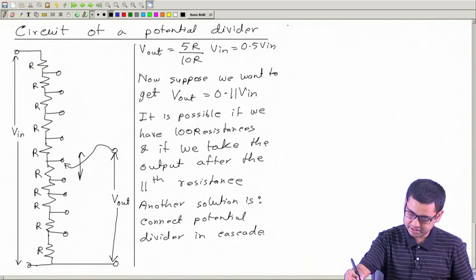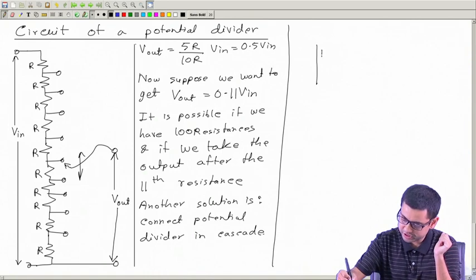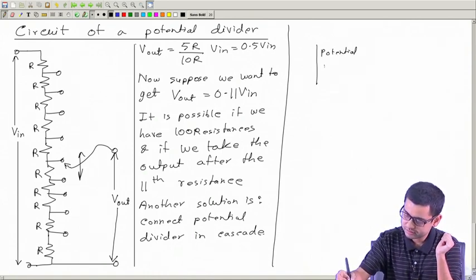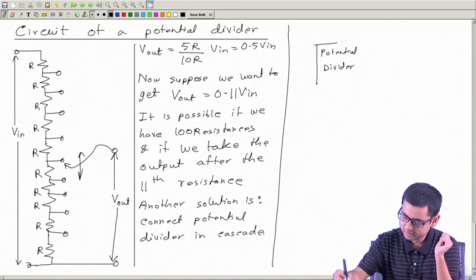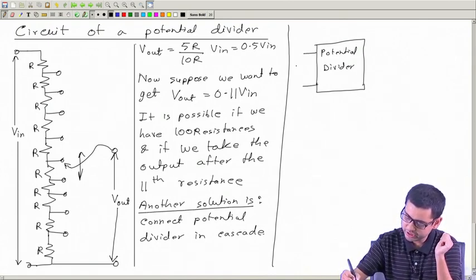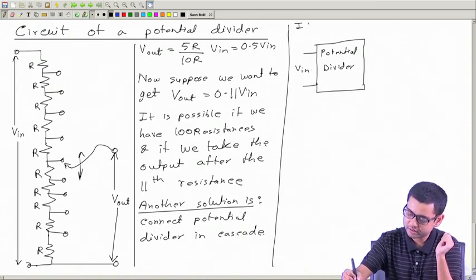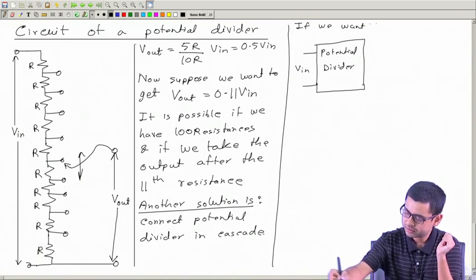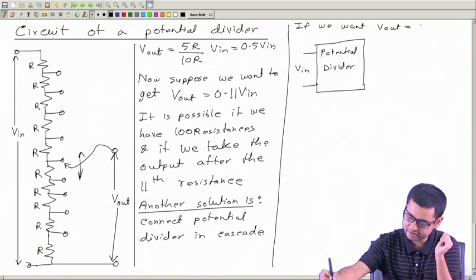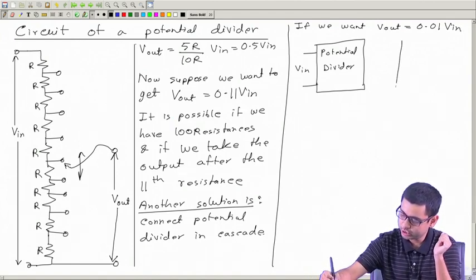Like this. Let this be one potential divider, and say this is the input V in, and say we want V out to be equal to 0.01 of V in. Then we can take two potential dividers.